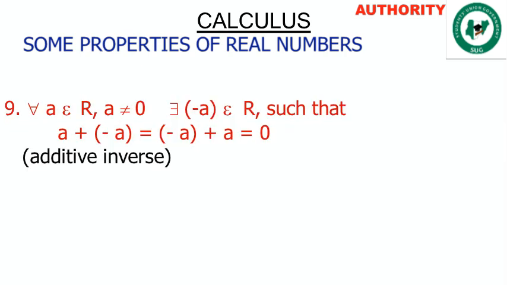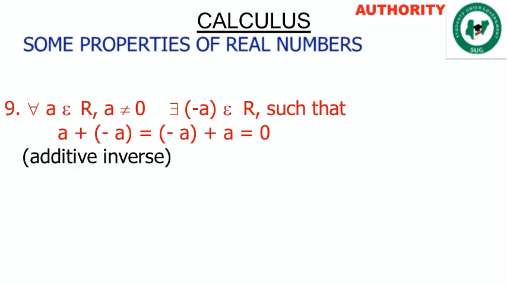Alright, let's go. Number 9. For all A in R, which is real numbers, and A is not 0, there exists minus A in R such that A plus minus A is equal to minus A plus A is equal to 0.